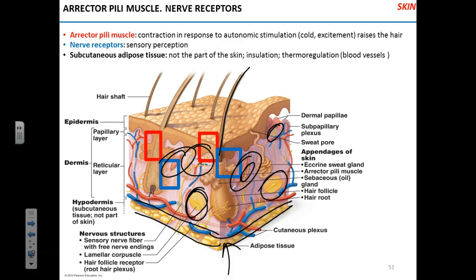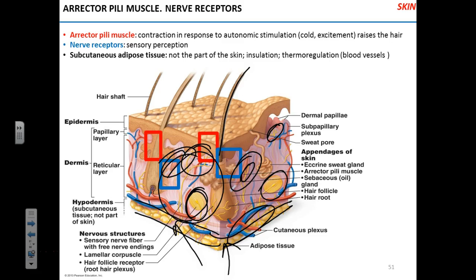Now, in terms of thermoregulation, if you look at the subcutaneous layer, there's a bunch of blood vessels that branch and get into the dermis.